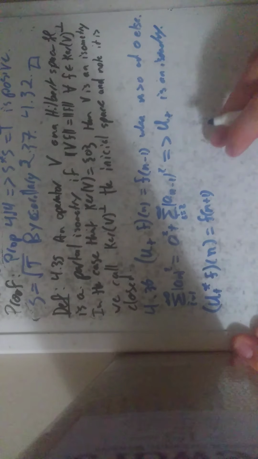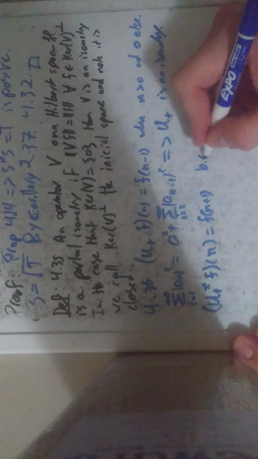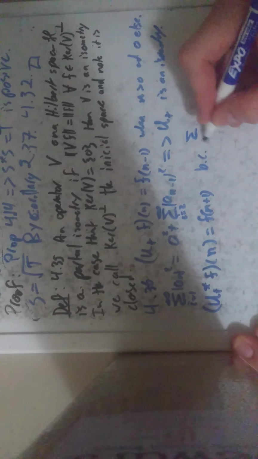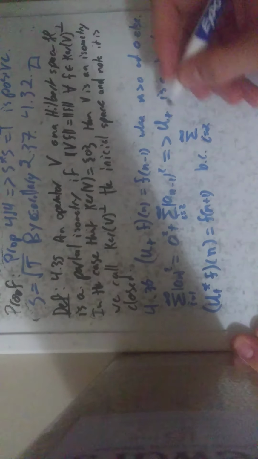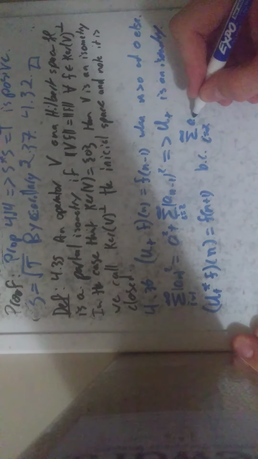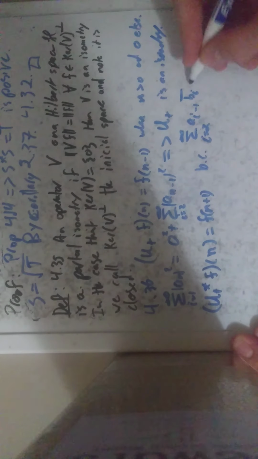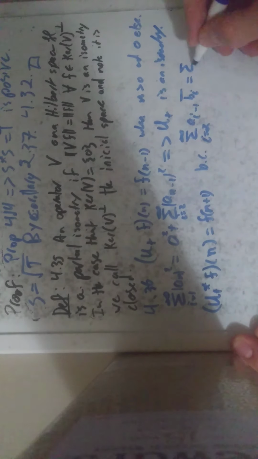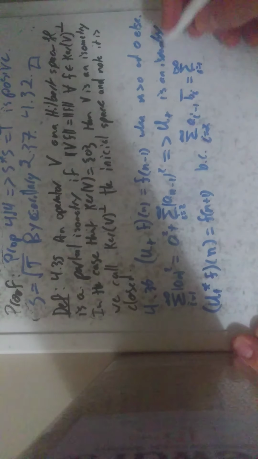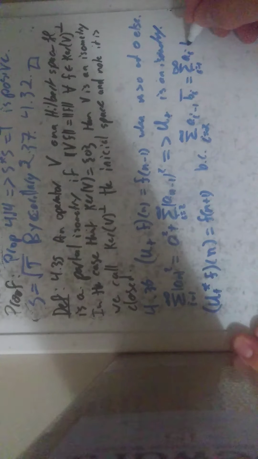And the reason we know this is because the sum from i equals 2 to infinity of a sub i minus 1 b i conjugate is equal to the sum from i equals 1 to infinity of a i b i plus 1 conjugate. And again, this is just by reindexing. But this gives us, in fact, that this is our adjoint for U plus.